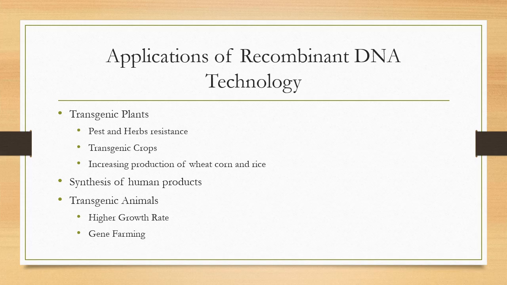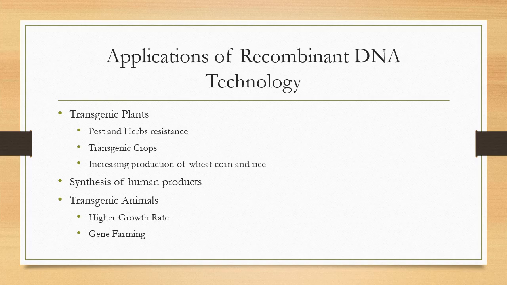And the other use of these transgenic plants is increasing production of wheat, corn, and rice. You all know that wheat, corn, and rice are our basic food, and we cannot sustain our life if we have a shortage of these plants. Agribusiness companies are also developing transgenic varieties of wheat, rice, and corn to enhance the production of these crops.